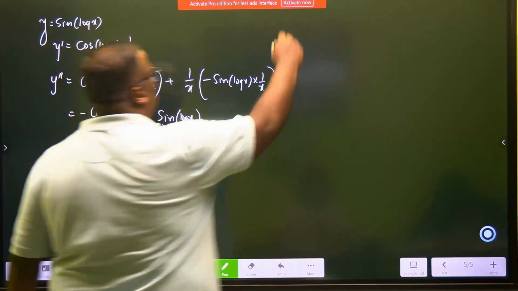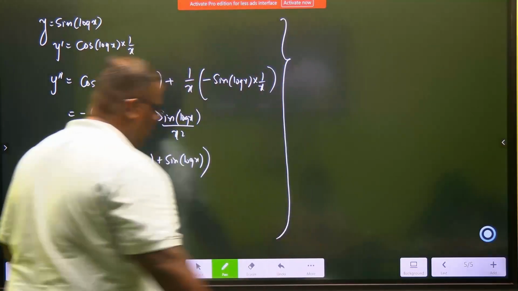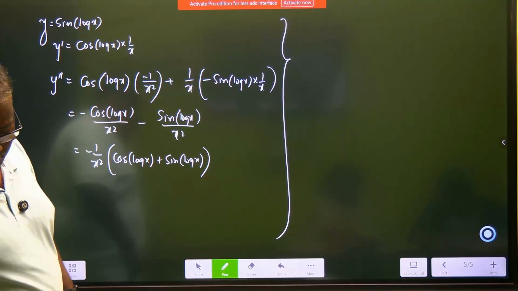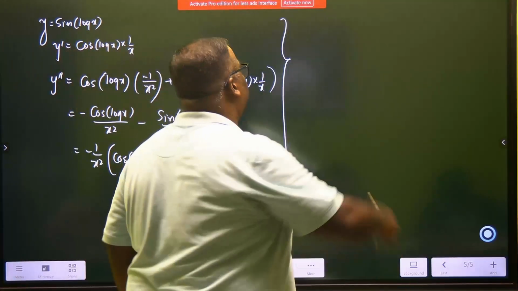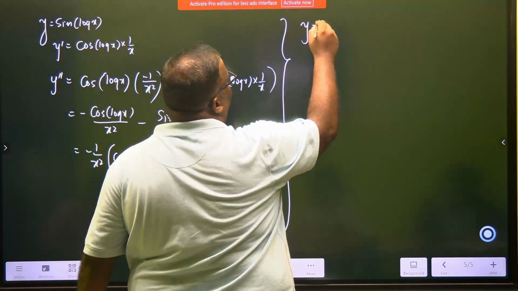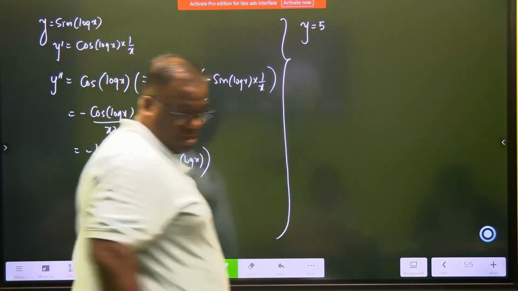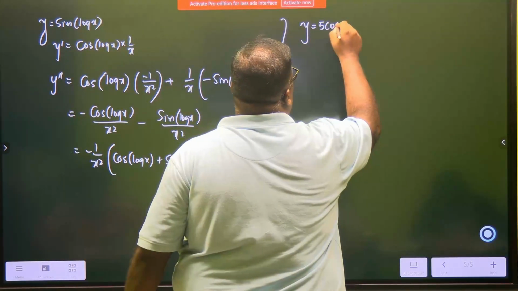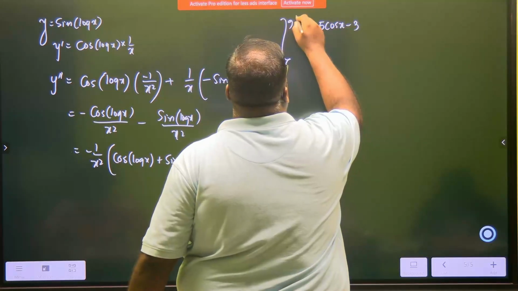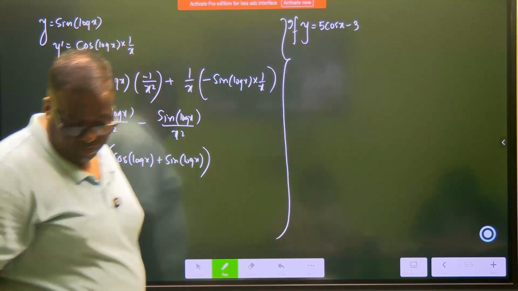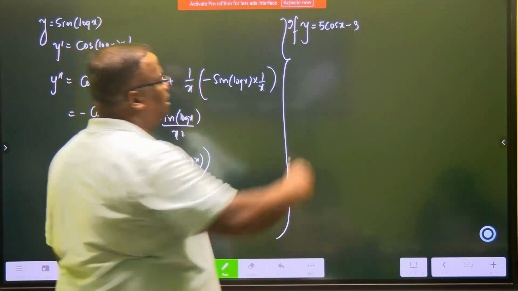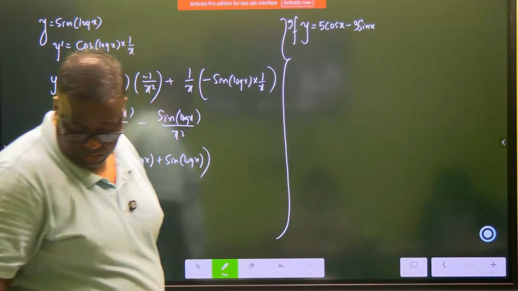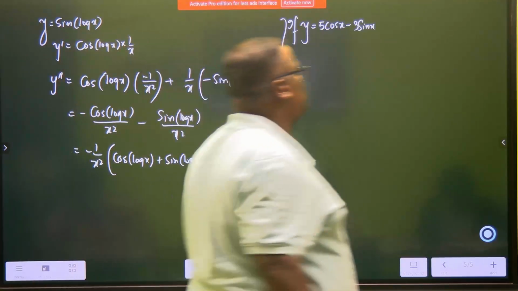Our next question is a proof question. It says, if y is equal to 5 cos x minus 3 sin x, we need to prove d2y by dx2 plus y equals 0.